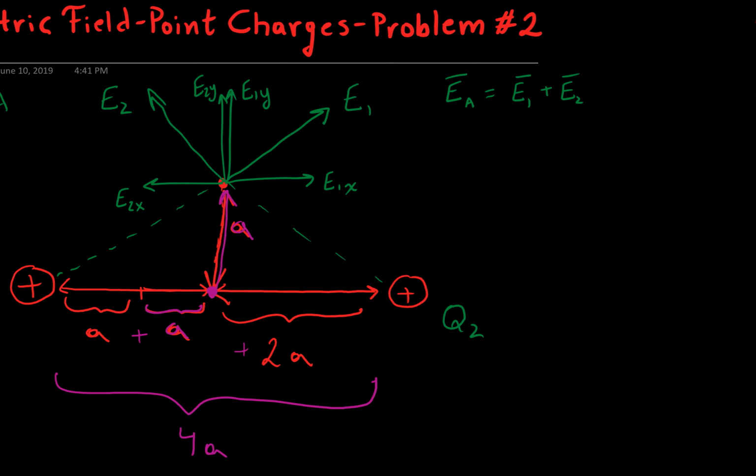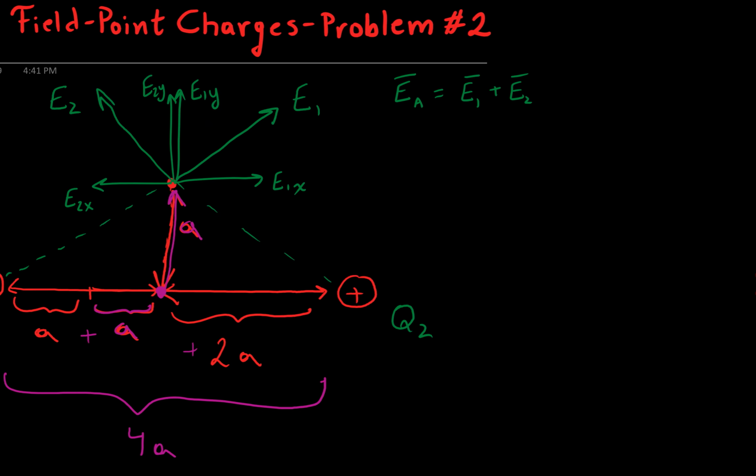We can also just as well write this as the electric field at point A in the x direction, i hat, plus the electric field in the y direction at point A, j hat, and we know that this is also equal to the sum of the electric fields in the x direction, i hat, plus the sum of the electric fields in the y direction, j hat.